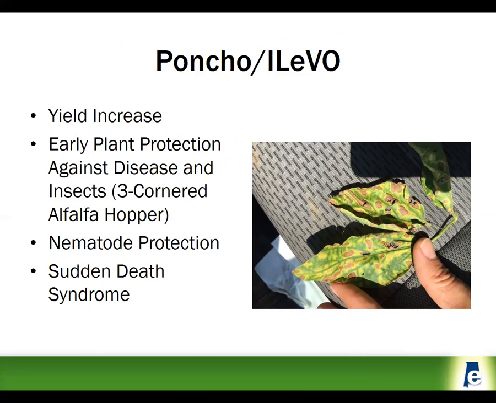And one of the worst ones I've seen is three-corner alfalfa hopper, and this will give us about 30 days protection against the three-corner alfalfa hopper. The Olivo portion will help us suppress nematodes. Now, our indeterminate varieties, most of them have cyst resistance, but they do not have reniform or root knot nematode resistance.